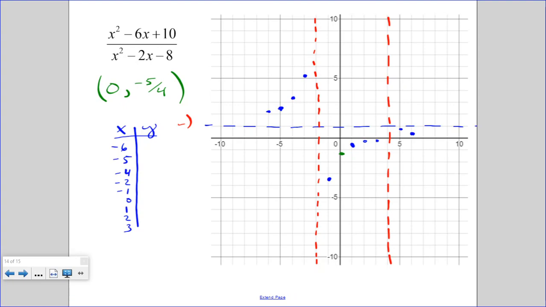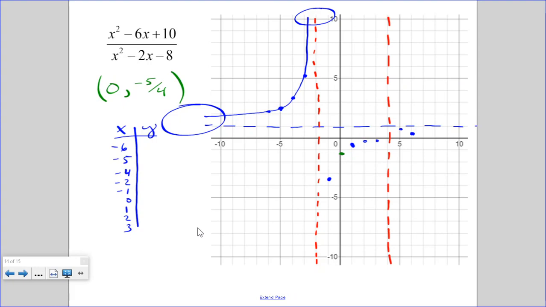If you were to continue plugging in points, for example negative 2.1, which would give you a value over here, or negative 100, which would give you a value over here, you would get things that have that curvature that approaches the asymptotes.